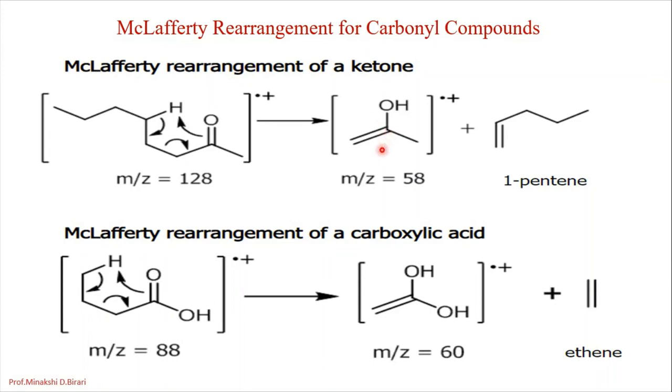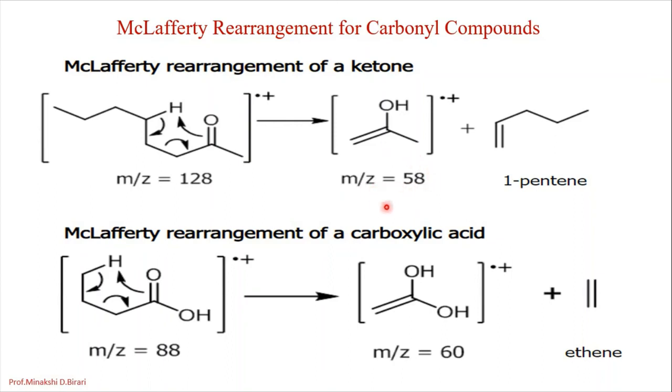There is a formation of a six-membered transition state. Further formation of a radical enol cation shows the peak at mass to charge ratio 58 and the alkene, the neutral species, can be eliminated. So 1-pentene is eliminated as a neutral molecule and the peak is observed only due to the presence of radical enol cation at mass to charge ratio 58.